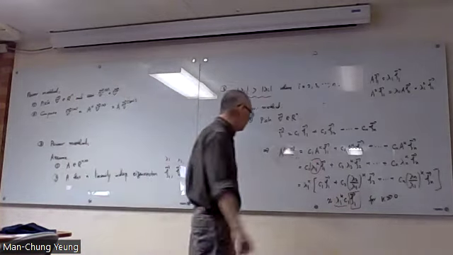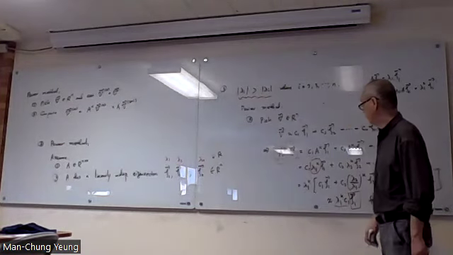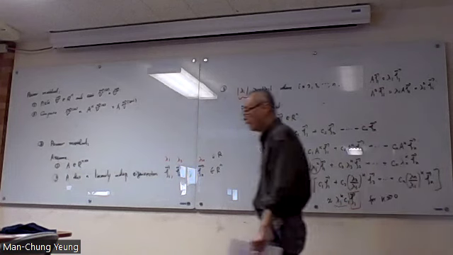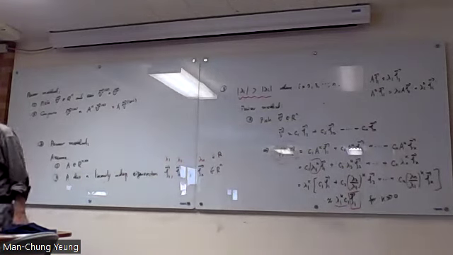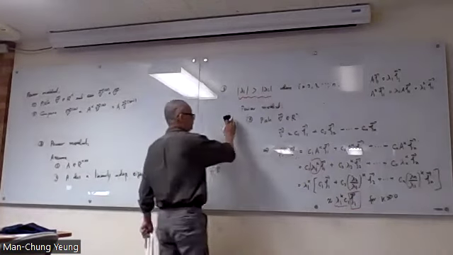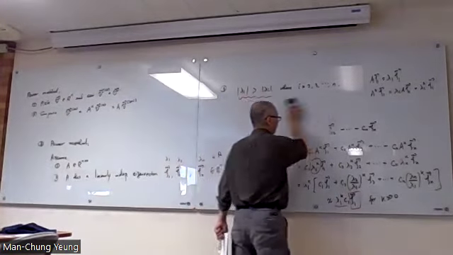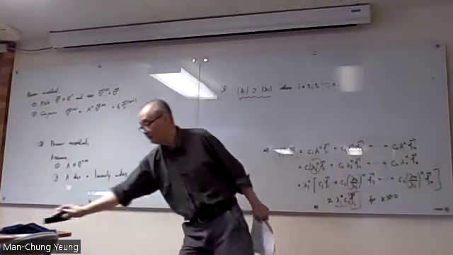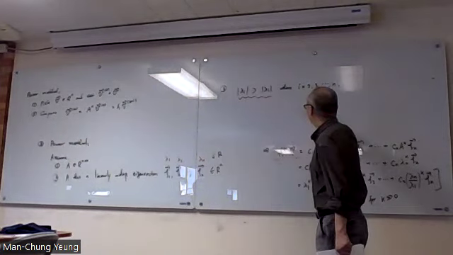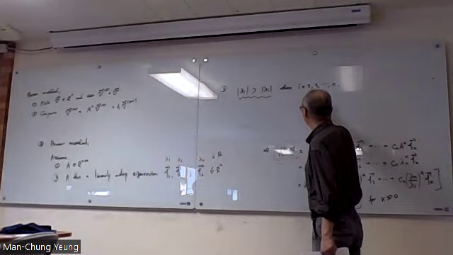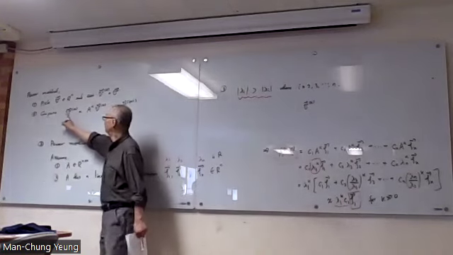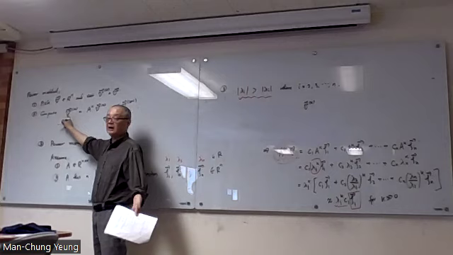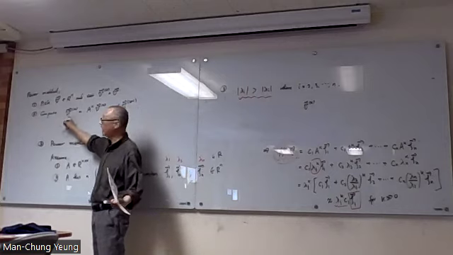How to compute the eigenvalue lambda 1? Vk is a vector.